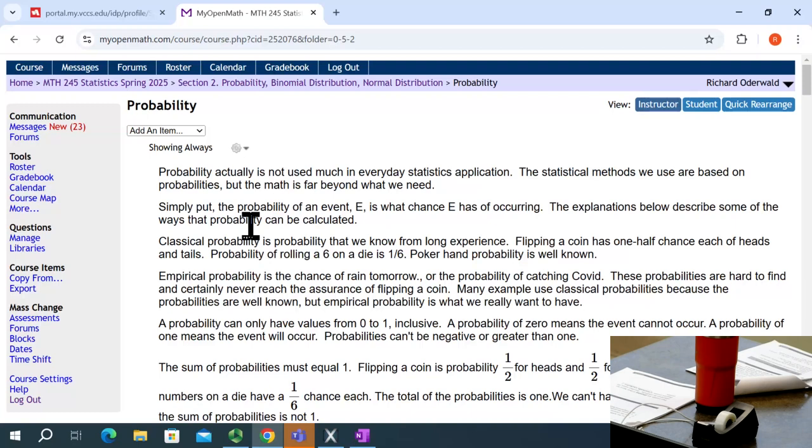And this can be a classic probability, like flipping a coin, heads or tails, right? Because everybody knows that one. A non-classical or an empirical probability is the probability that it's going to rain. No, we don't know that. We can estimate it. They do it all the time on the news.